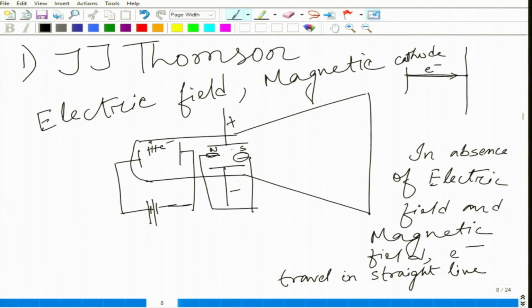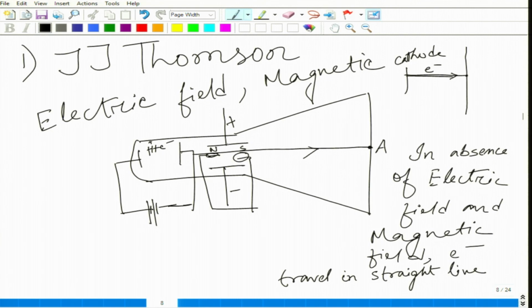So, in absence of these two fields, the electron beam will come in a straight line and suppose it will hit this spot A.